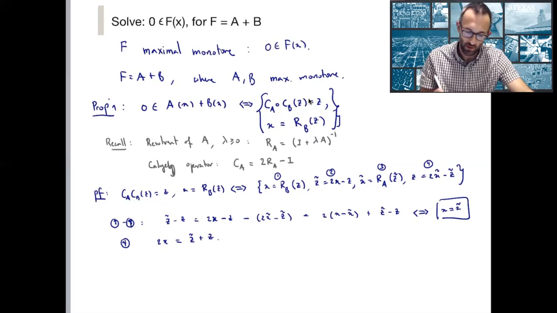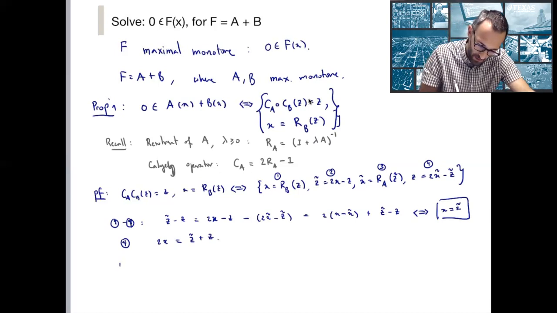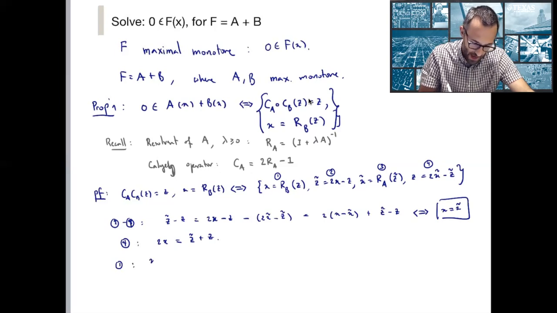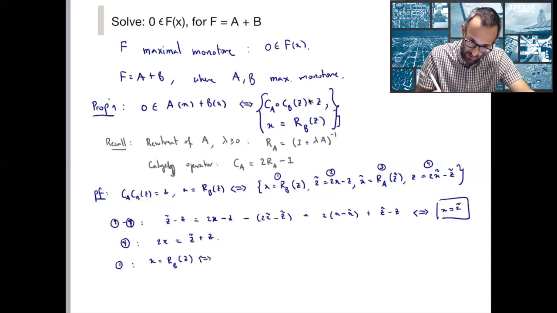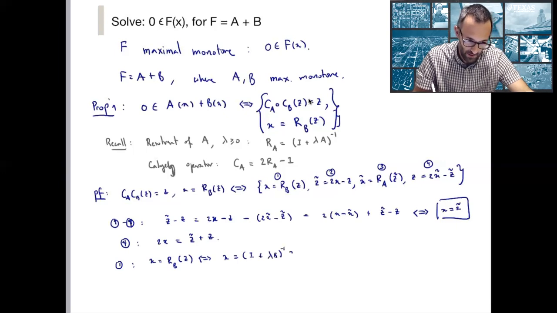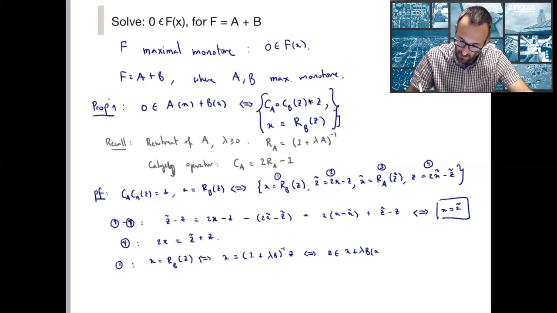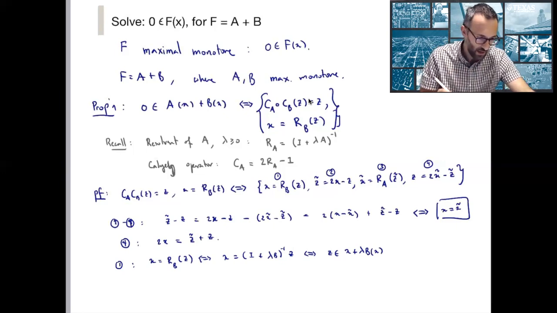Okay, let's keep going. The first equation tells me that X is equal to the resolvent of Z. Writing out the definition of the resolvent, this is just equivalent to X is equal to (I plus lambda B) inverse Z, which is the same as writing that Z is an element of X plus lambda B of X. And similarly, we have that X is equal to X tilde.